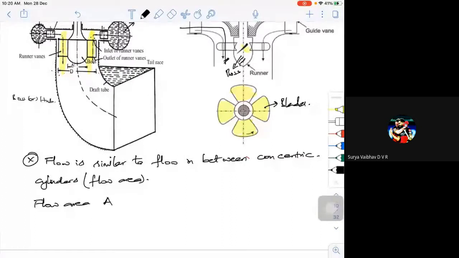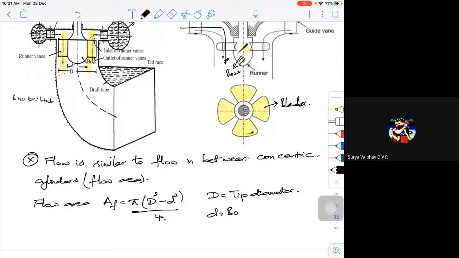I can write it as pi into capital D squared minus small d squared divided by 4, where capital D is your tip diameter and small d is either your boss or hub diameter.